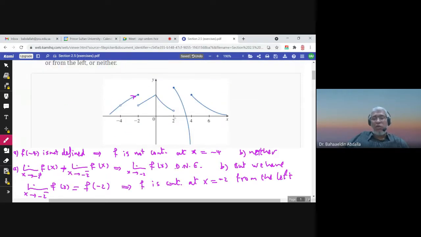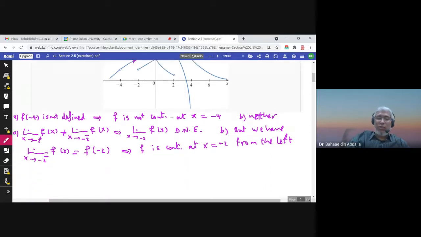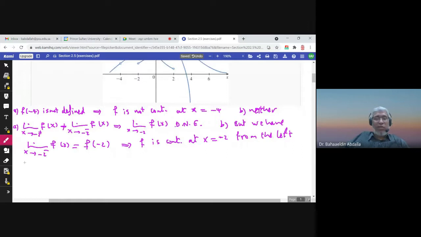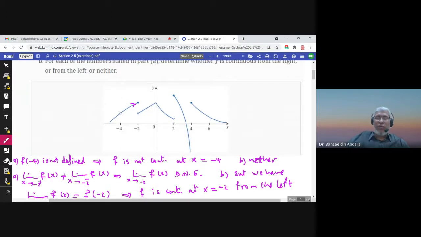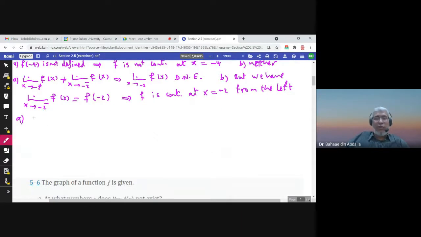At 0, it's continuous. At 2, the function is not continuous. You can notice that, similar to negative 2, the limit does not exist at 2. So f is not continuous at x equals 2, since the limit of f of x when x approaches 2 does not exist.